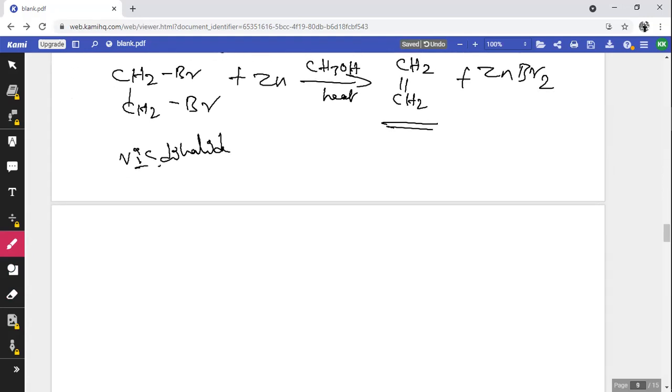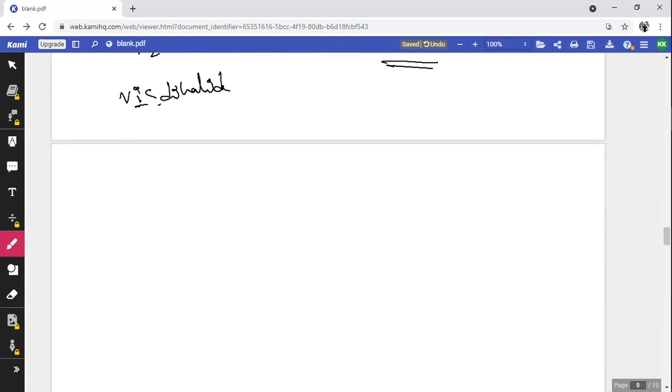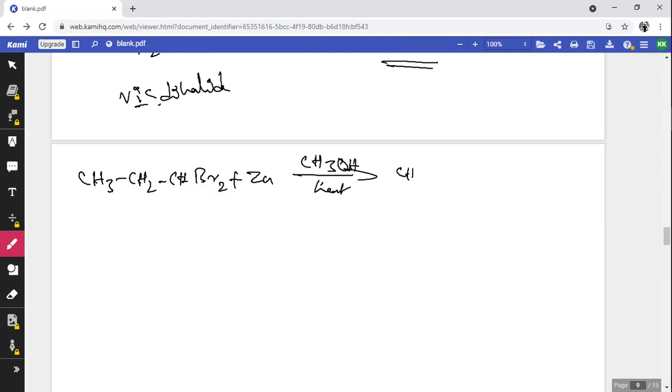And if I take geminal dihalide as an example, or starting material like CH3CH2CHBr2, on treating with zinc in presence of methanol on heating, it gives CH3CH2CH double bond CHCH2CH3 with the liberation of ZnBr2.